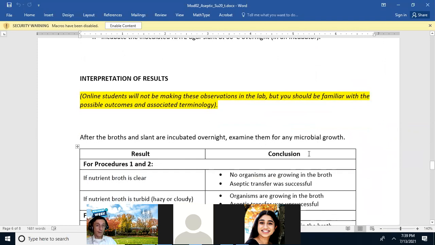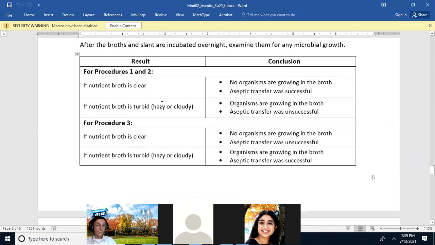So interpret your results, and this table will help you. For procedures 1 and 2, it tells you the result. If the nutrient broth is clear, then there's no organisms growing in the broth, and for procedures 1 and 2, the aseptic transfer was successful. If the nutrient broth is turbid, that means hazy or cloudy, organisms are growing in the liquid broth, and the aseptic transfer was unsuccessful. For procedure 3, if the nutrient broth is clear, no organisms are growing.